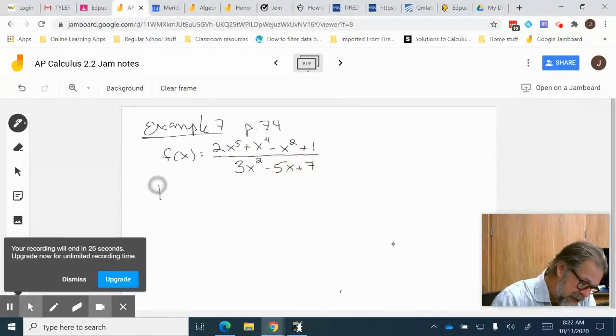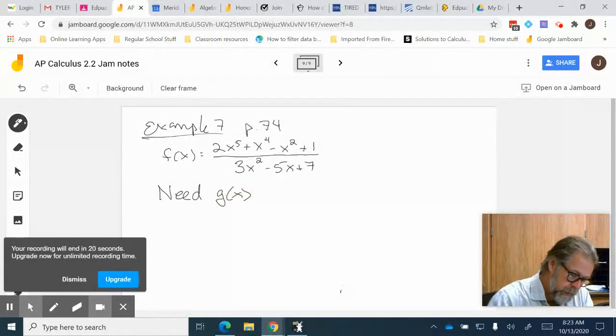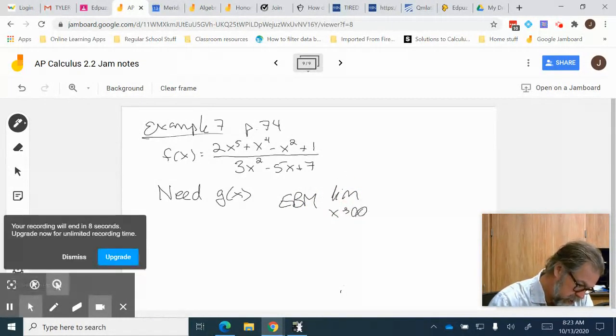And what we need for an end behavior model is g of x. We need something that the end behavior model will give us the limit as x goes to infinity. Going to quickly switch videos, so come back.